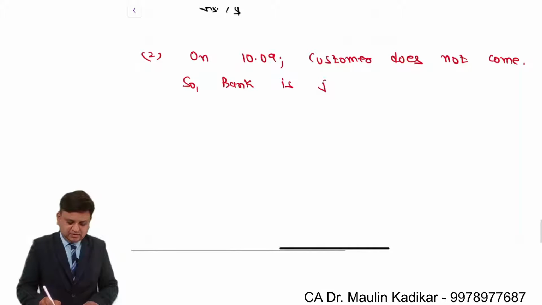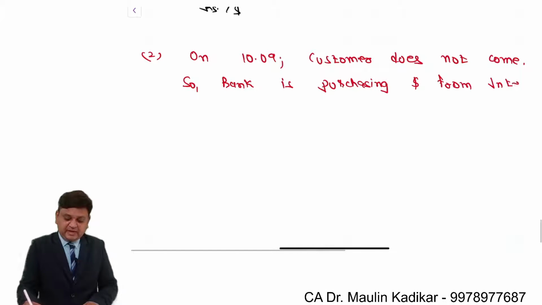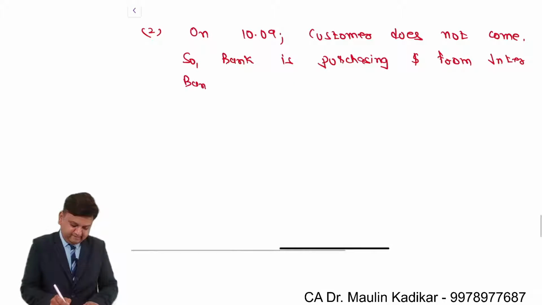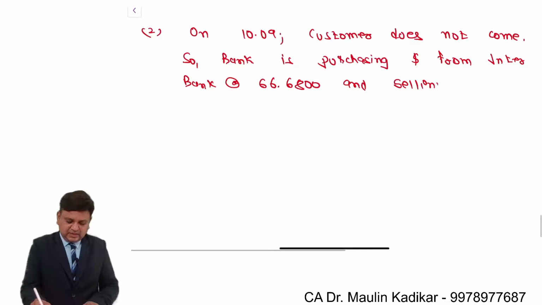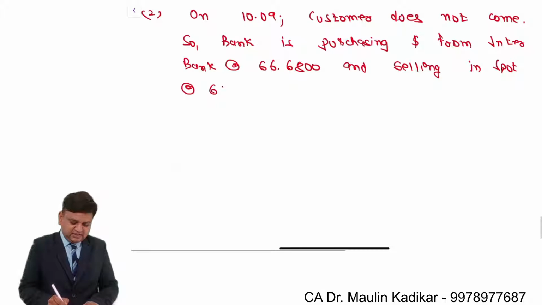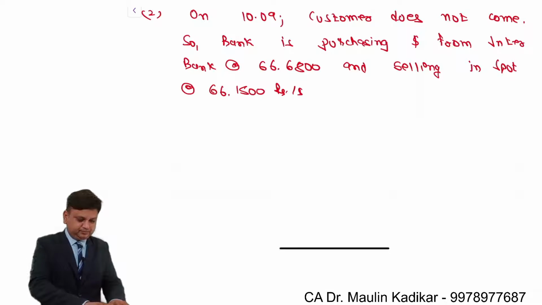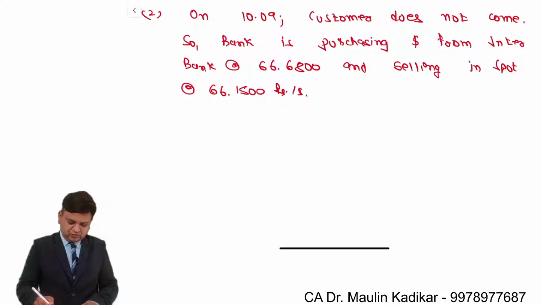So the bank is purchasing dollar from the interbank market at the rate 66.68 and selling in spot at the rate 66.15 rupees per dollar. Full stop.